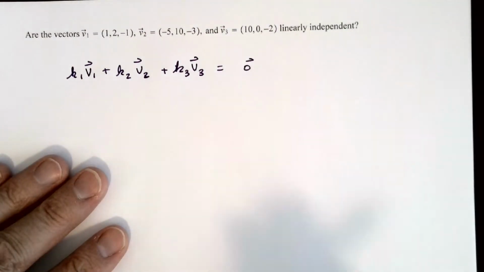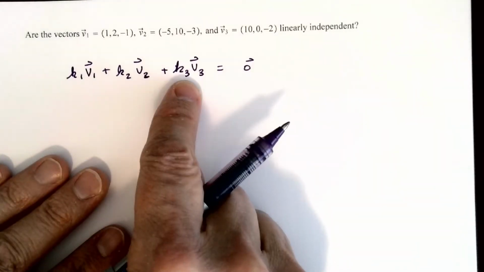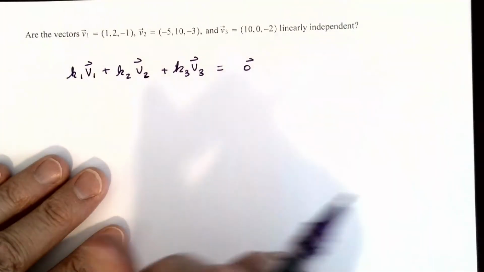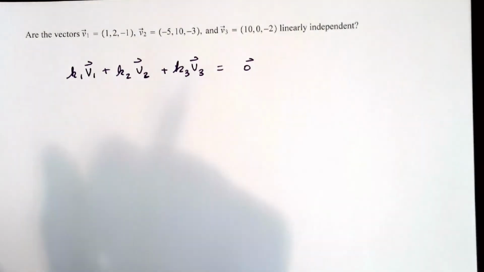And the question is, is there only the trivial solution? If there's only the trivial solution, then they're linearly independent. If I can find one non-trivial solution, values of K1, K2, K3 that are not all equal to 0, then they're linearly dependent.